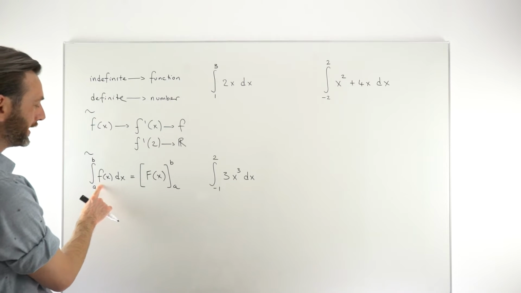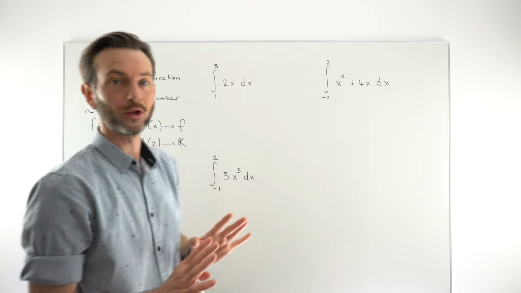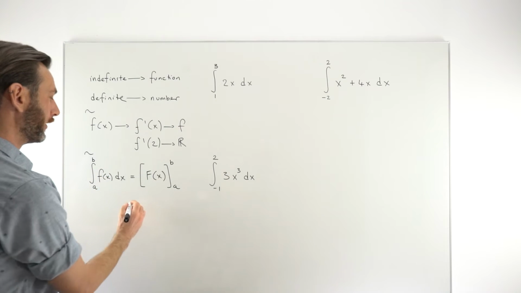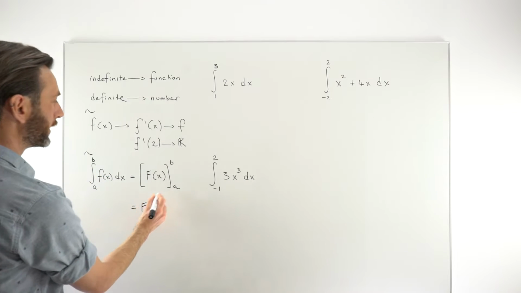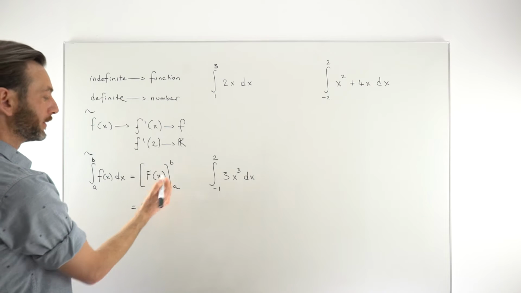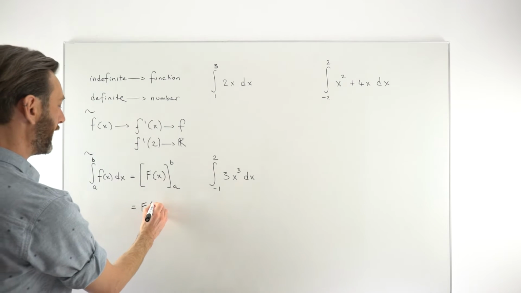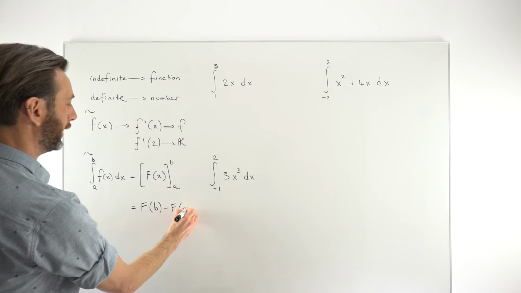We basically integrate in the normal way. We don't need a plus c for these. There's no constant of integration. We put it in the square brackets and we transfer over the limits. What we then do is substitute in the top value, the upper limit, the b value in this case, into that antiderivative. So we get F of b minus F evaluated at a.